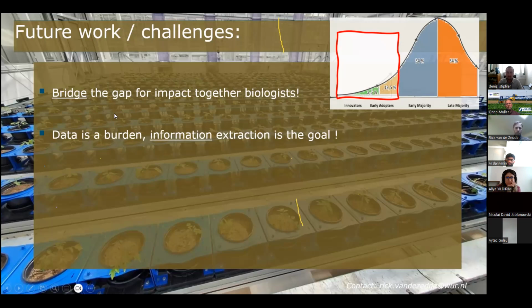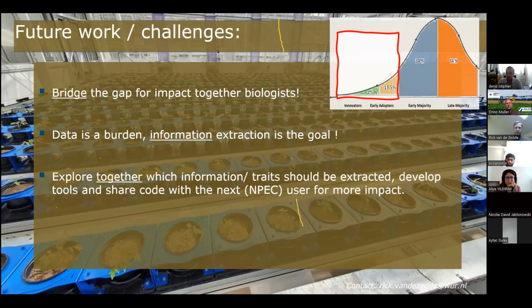But data is the burden, right? So we don't need more data, although we are drowning in data. We need to quickly extract numbers, graphs, information. And then the question is always, what kind of information is useful? If you have a certain trait and it's not measured by the first version of the algorithm, then you need to develop more algorithms to extract your specific trait.